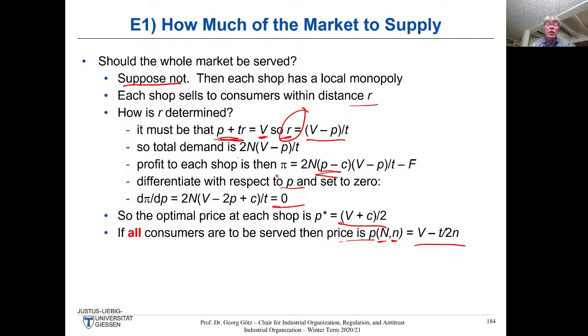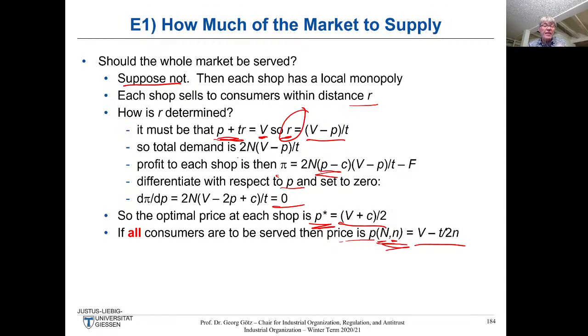And now note, if P star, this monopoly price, is equal to that, we would just cover everyone. So if parameters are such that this holds, we would just have a corner solution, in the sense that with the monopoly price, our R would be just equal to this 1 over 2n distance.